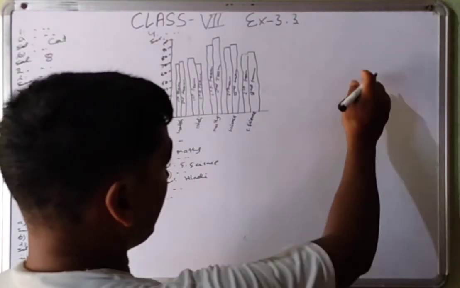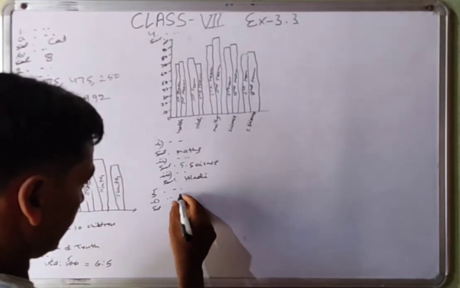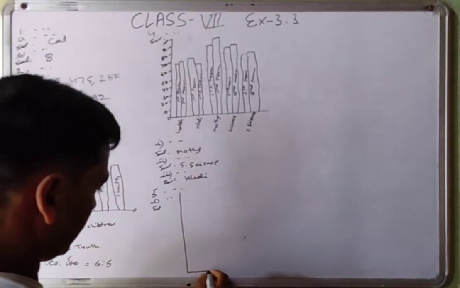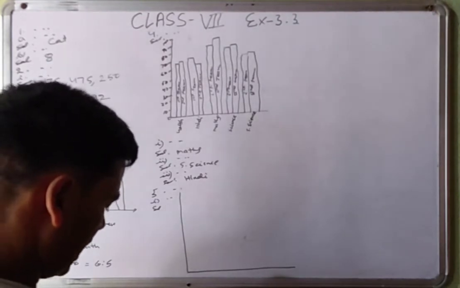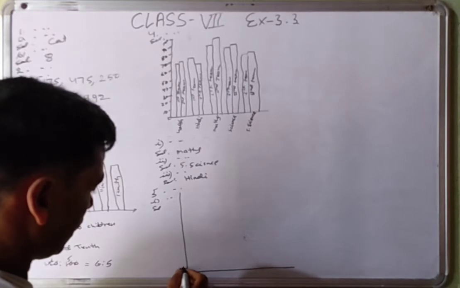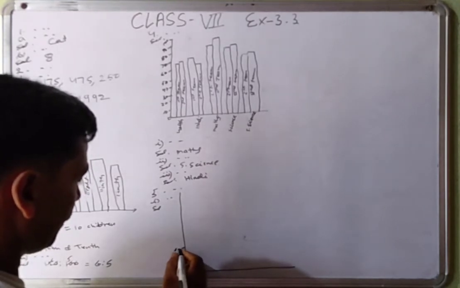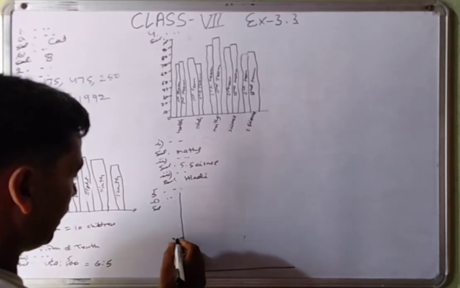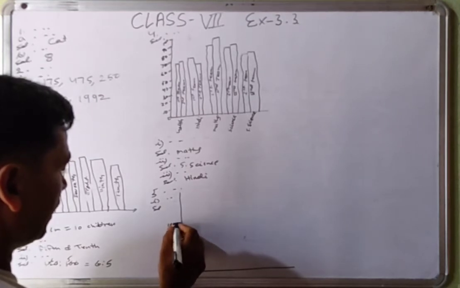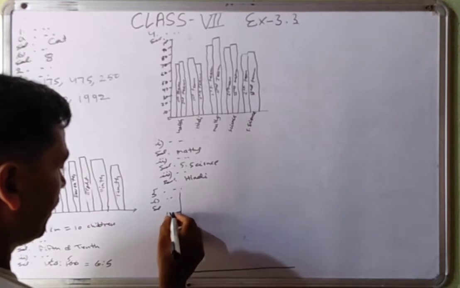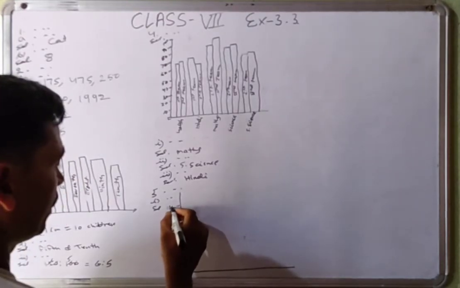You can see there is more space here. So the scale we will take is 0, 100, 200, 300, 400, 500, 600, 700, 800, 900, 1000, 1100, 1200, and the maximum is 1240, so 1300.